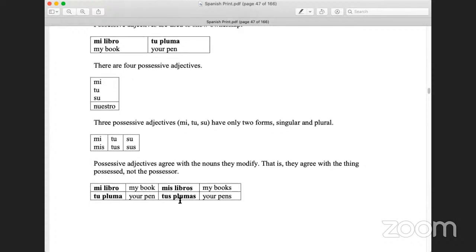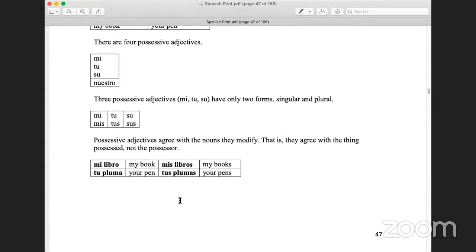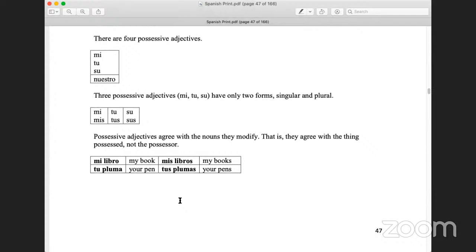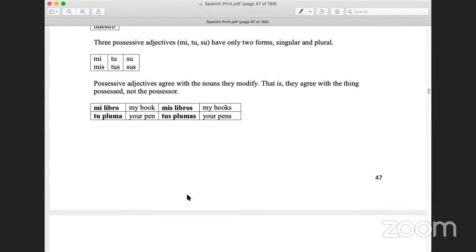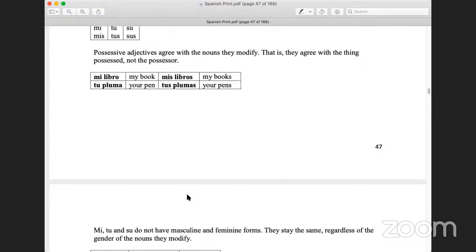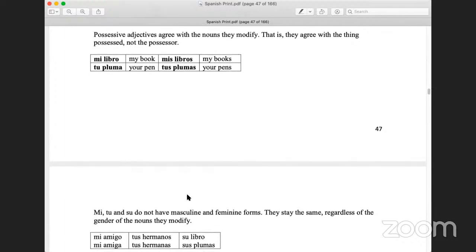There are 4 possessive adjectives: mi, tu, su, nuestro. 3 possessive adjectives: mi, tu, su, have only 2 forms, singular and plural. Mi, mis, tu, tus, su, sus. Possessive adjectives agree with the nouns they modify. That is, they agree with the thing possessed, not the possessor.